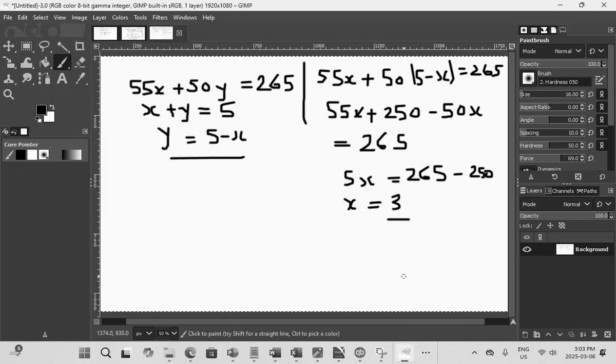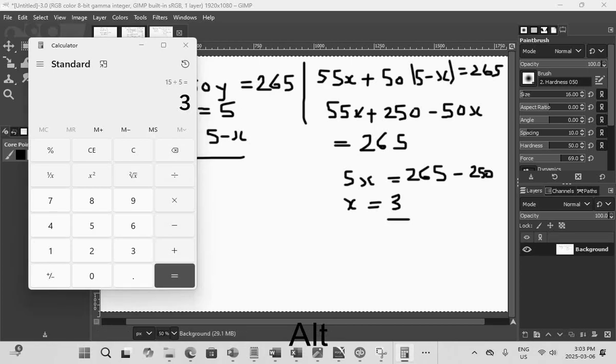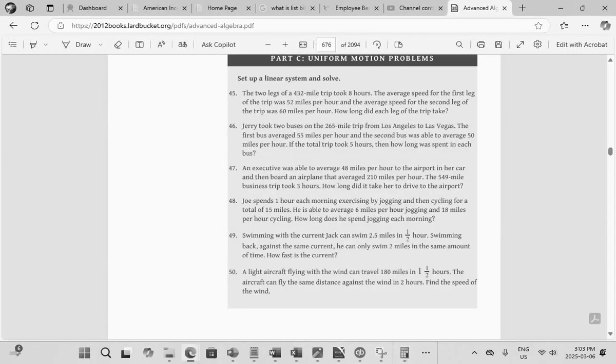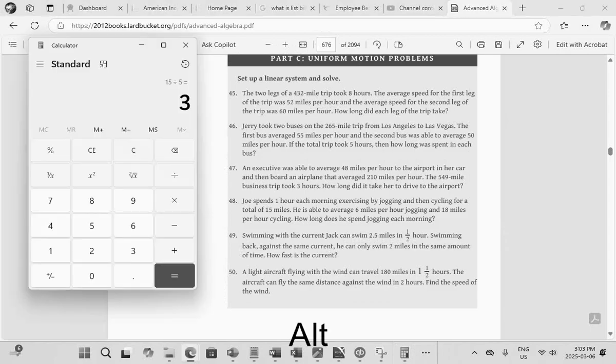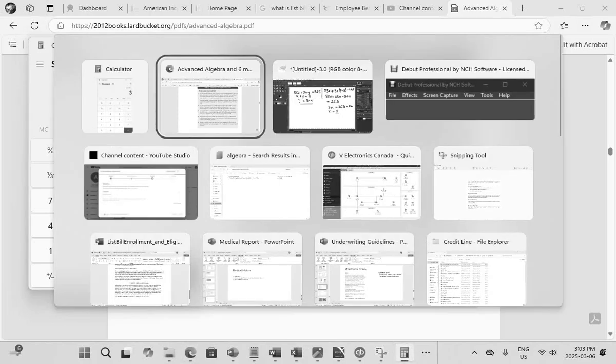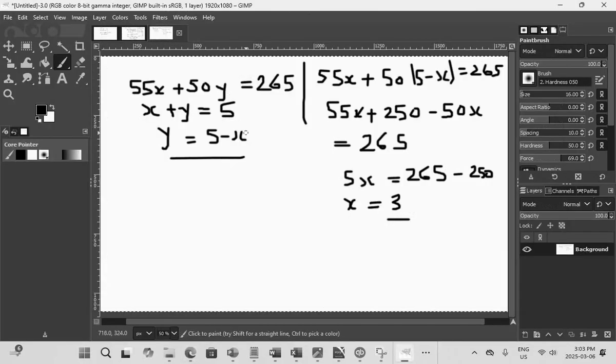So we know that x equals 3, which basically means that the first bus took about 3 hours to complete the journey, and the second bus took about 2 hours, because x plus y equals 5.